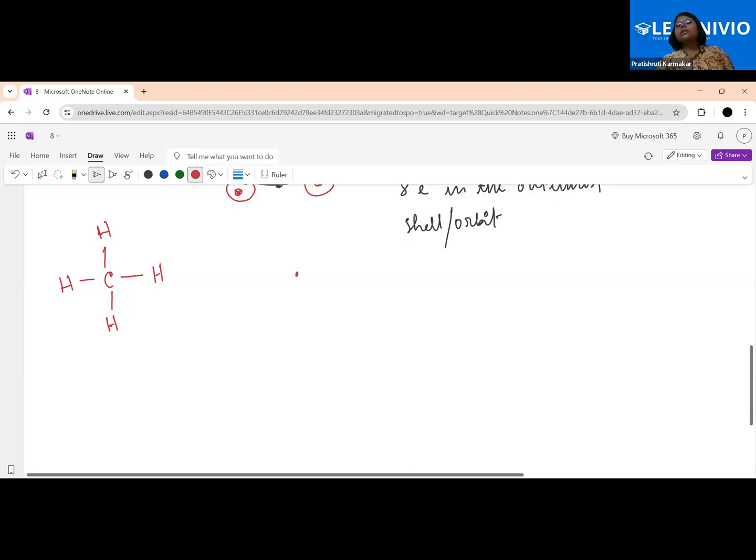Or it is possible that carbon is making 4 bonds with 4 other carbons. Now, these carbons also have valency that will eventually get filled by something. So when carbon is making only single bonds, that is saturated.